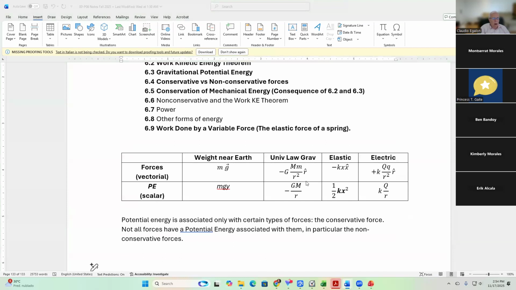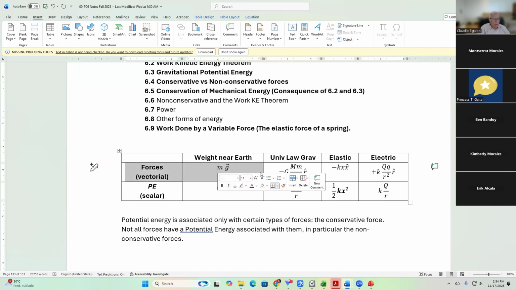And what you have here are the conservative forces. Nearby the Earth's surface, the weight is simplified and it becomes mg, right? But at any point distant from the center of the Earth, the force is given by this relationship that you see right in here.